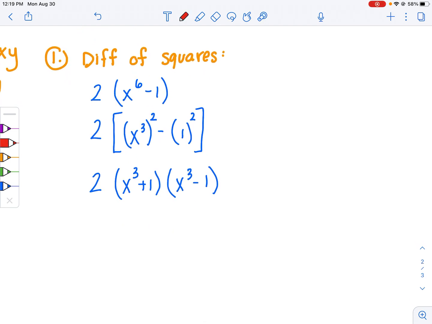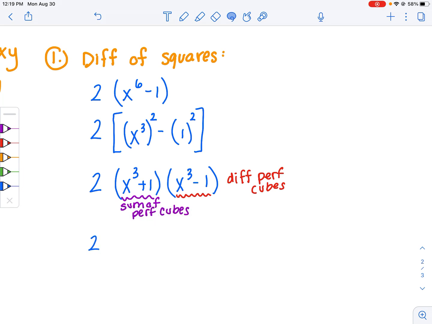Normally I would be done here, but this should jump out at you as now being a difference of perfect cubes. So you have to keep simplifying no matter which way you start. So this is good here. Even better, this one right here is the sum of perfect cubes.